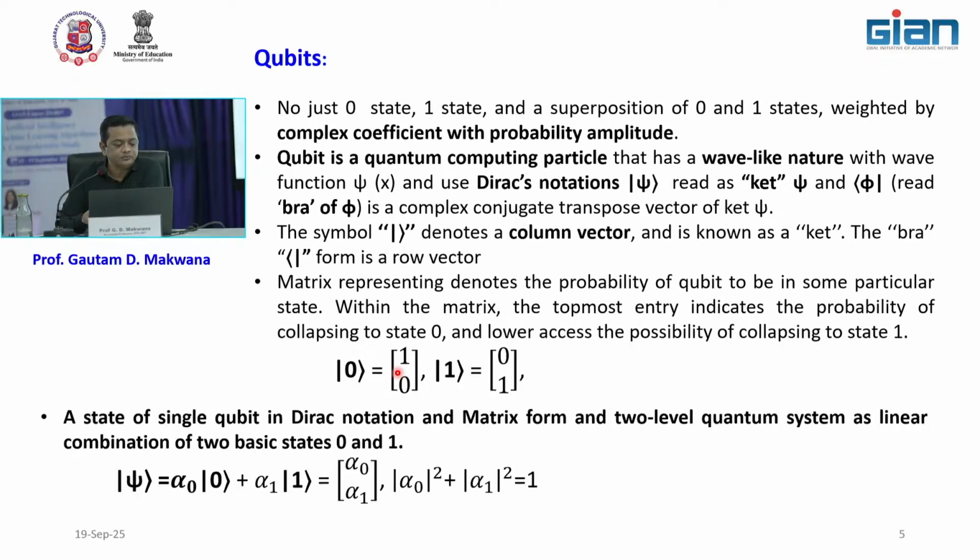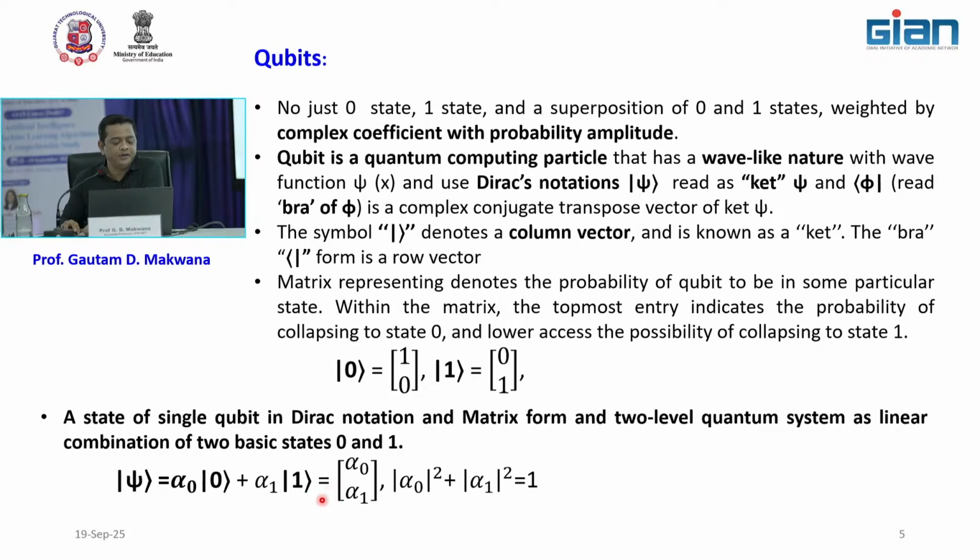Now, the state of a single qubit in Dirac notation and matrix formation is given by this equation: ket psi equals alpha 0 ket 0 plus alpha 1 ket 1.